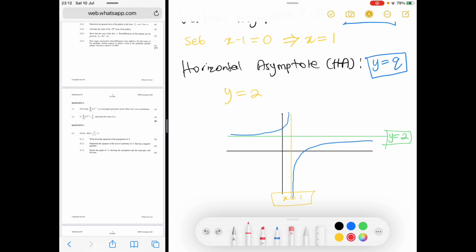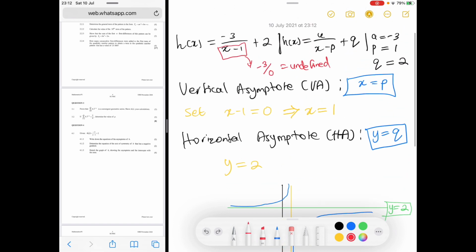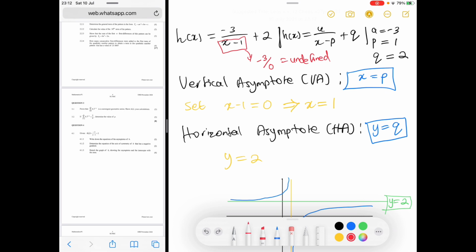Now, let's talk about the horizontal asymptote, y is equal to 2. Y is equal to 2 is an asymptote because as x becomes bigger and bigger, like extremely big or extremely small, the fraction part of the function becomes smaller because you're dividing by a big number.